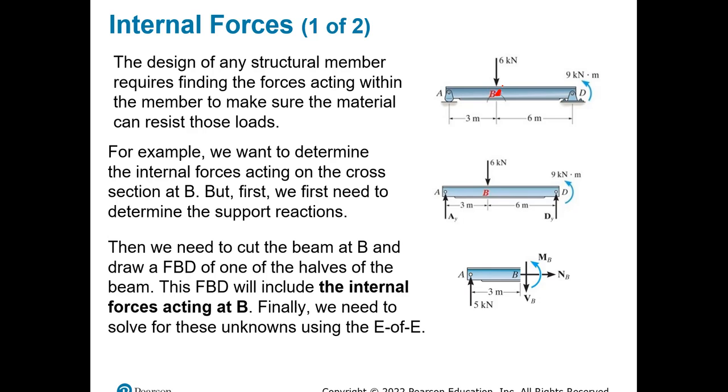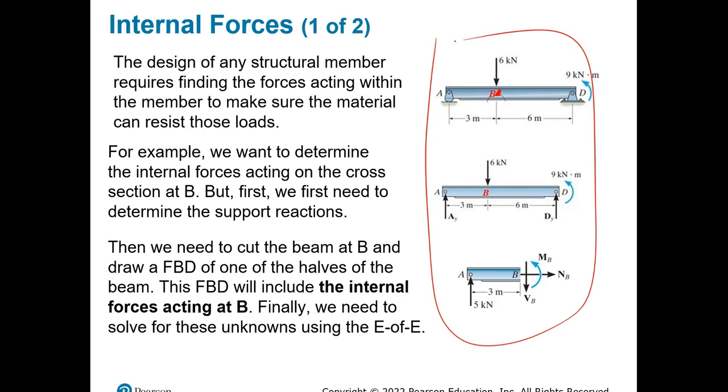For example, with the picture that we have right here, we need to calculate internal forces acting on section B. In order to do that, the first thing we need to do is calculate the support reactions acting right here. We get AY and DY, and once we have the values of those, we will have to break the part into two.